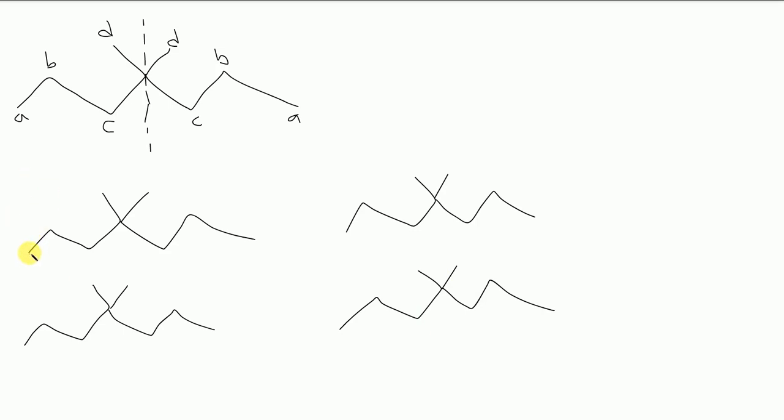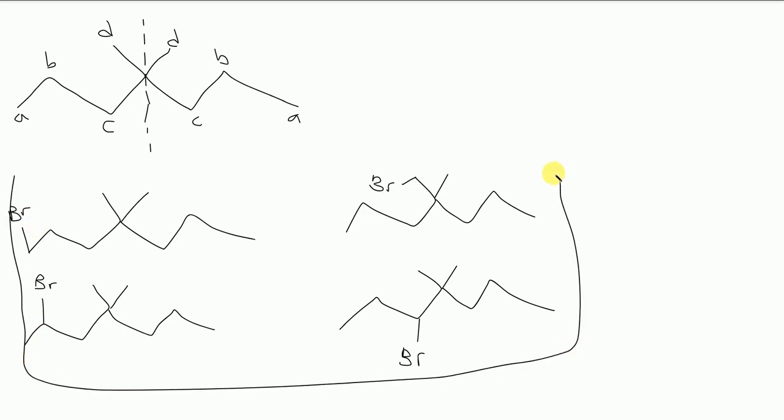Okay, so first one, I'm just going to attach a bromine right here. The second one, I'm going to attach a bromine right here. Third one, I'm going to attach a bromine right here. And fourth one, bromine right there. And then I'm done. And then just put a box. Okay? And that's all the isomers.